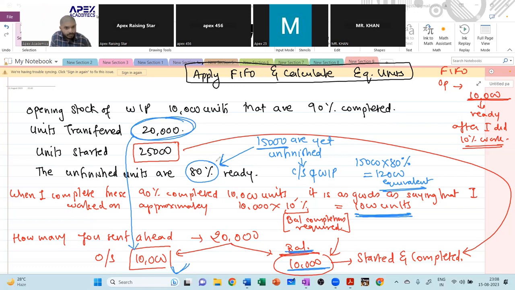And they are incomplete to the extent of 20%, meaning they are 80% complete. If 15,000 units are 80% complete, can I say that it is equivalent to 12,000 units being ready? Agreed or disagreed?